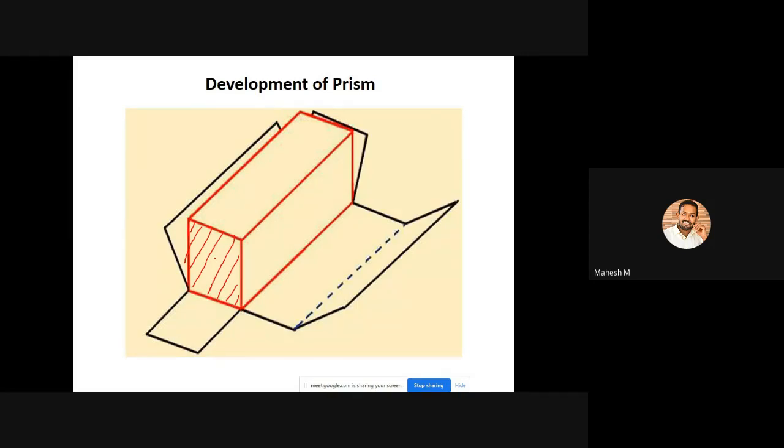So one is your bottom rectangular face, and next, I'm going to create an imaginary dotted line for differentiating the different surfaces.